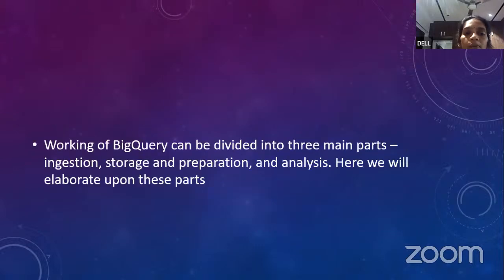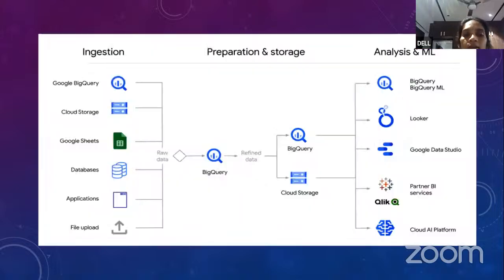Working with BigQuery, we can see it divided into 3 main parts. As I said earlier: the ingestion part, storage and preparation part, and analysis part. Here we can ingest data from Google Cloud, cloud storage, sheets, databases, applications, and files. We can ingest the data into BigQuery, and later we can do some operations and refining on that data.